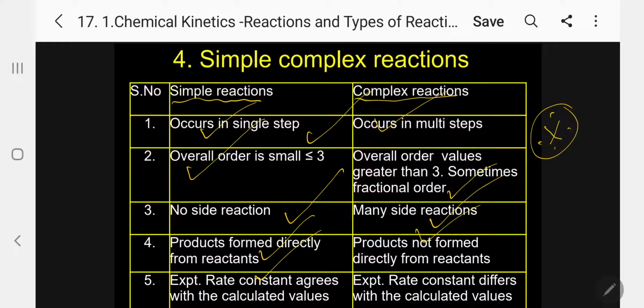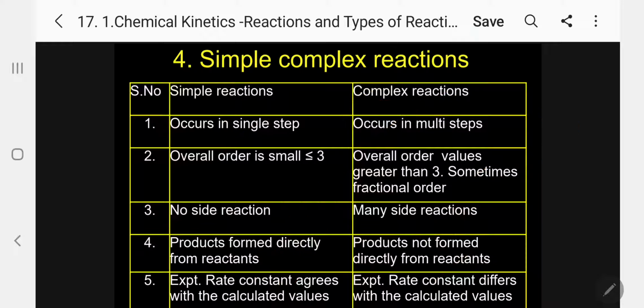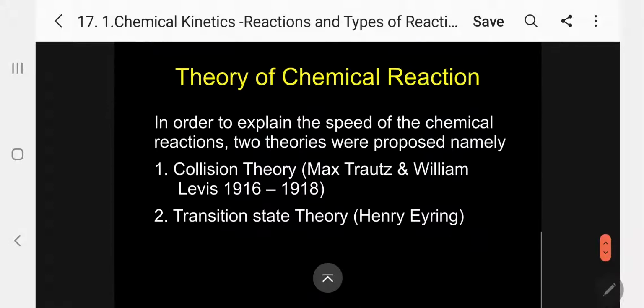And finally, in simple reactions the rate constant measured experimentally agrees with the calculated value, that means experimental and calculated values are identical. Whereas in complex reactions, the experimentally determined rate constant differs from the calculated value. These are the differences between simple and complex reactions.